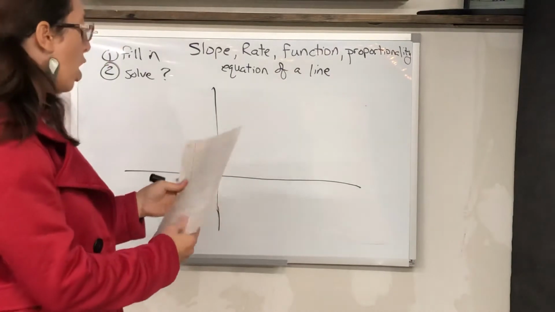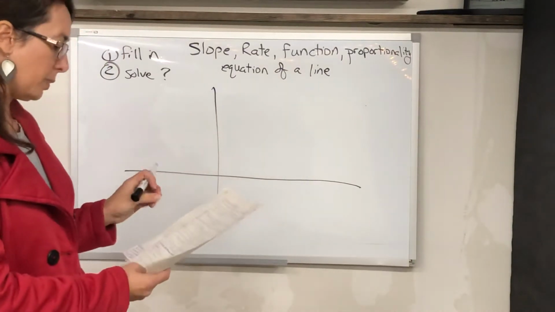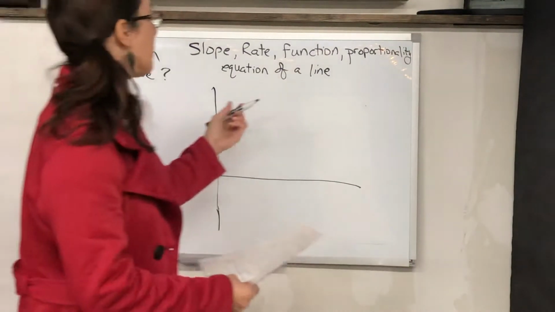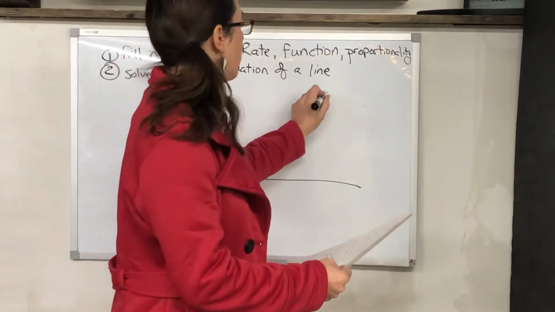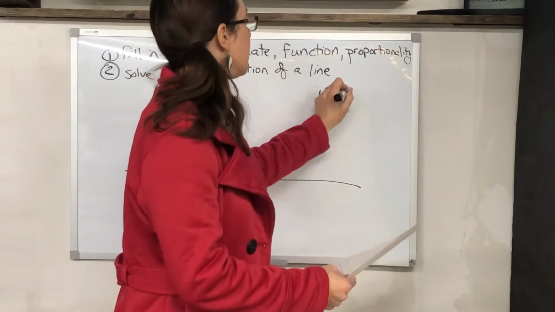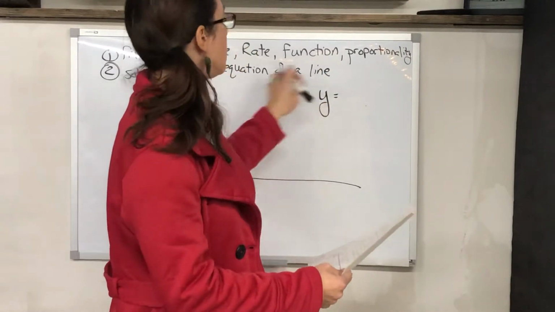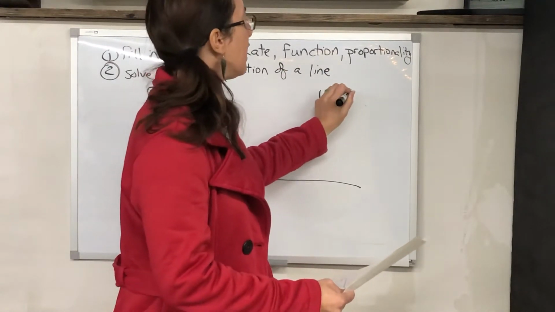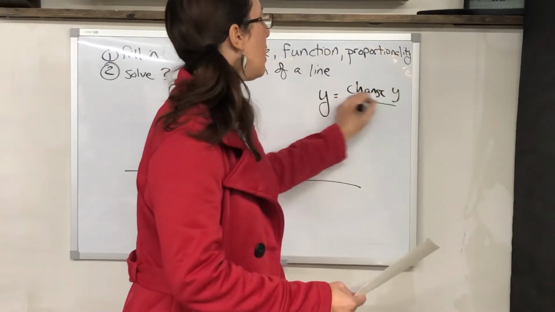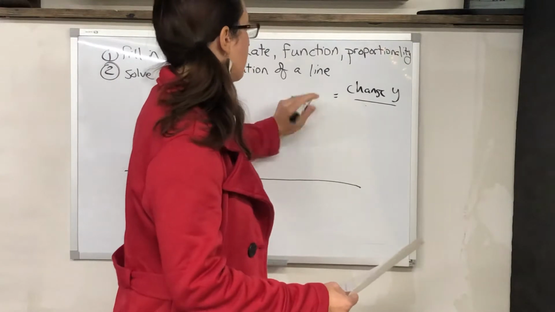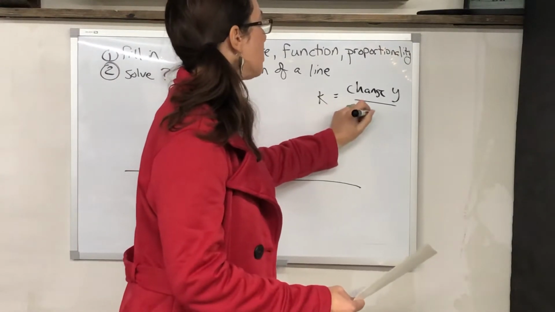Okay, so all first degree equations are lines. We just talked about that. Another thing I want to say is that we often say there is a constant. So the constant of proportionality is your change in y over your change in x.